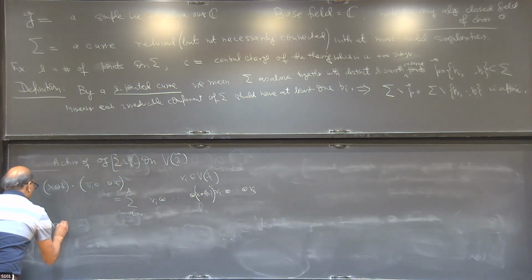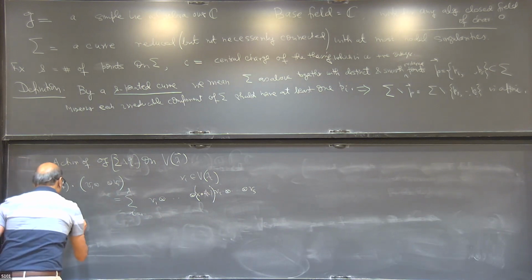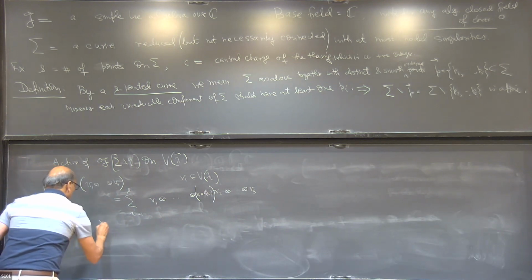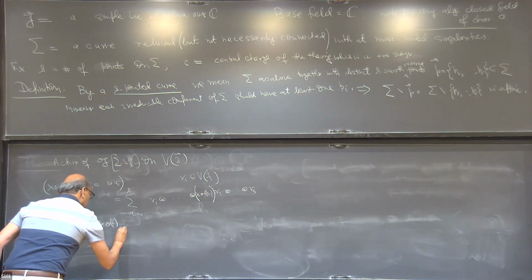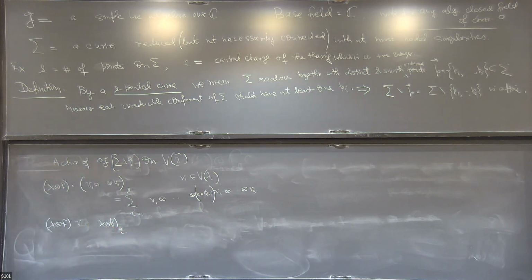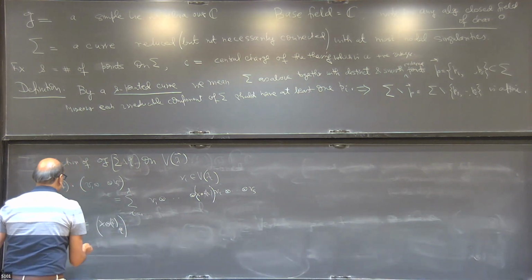And X tensor F on the representation of C lambda is nothing but X tensor F. You take its Laurent series expansion at Q. Again, you have to choose a local parameter there, but it's a smooth point.